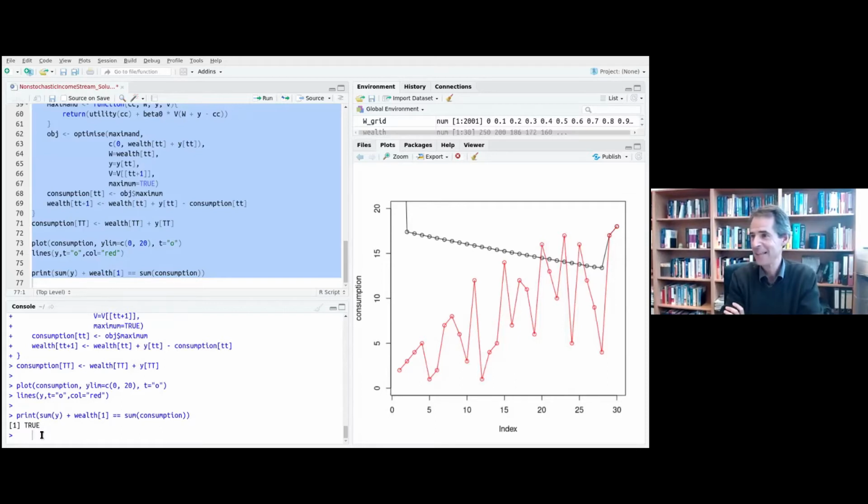Any ideas? Stop the sharing. Any ideas? Why doesn't that work? Well, the answer is look at the approximation of the value functions. You did that by linear interpolation of a grid of wealth values, and the grid was going from 0 to 200.